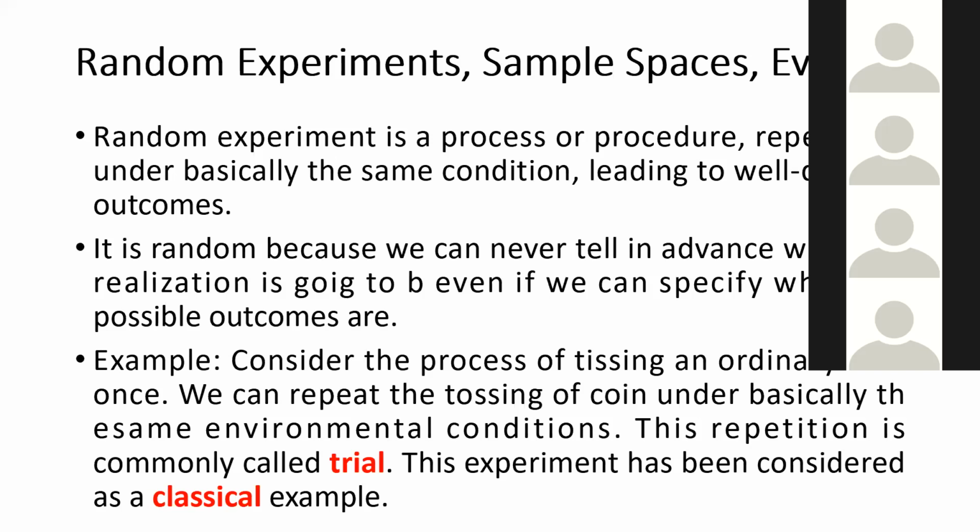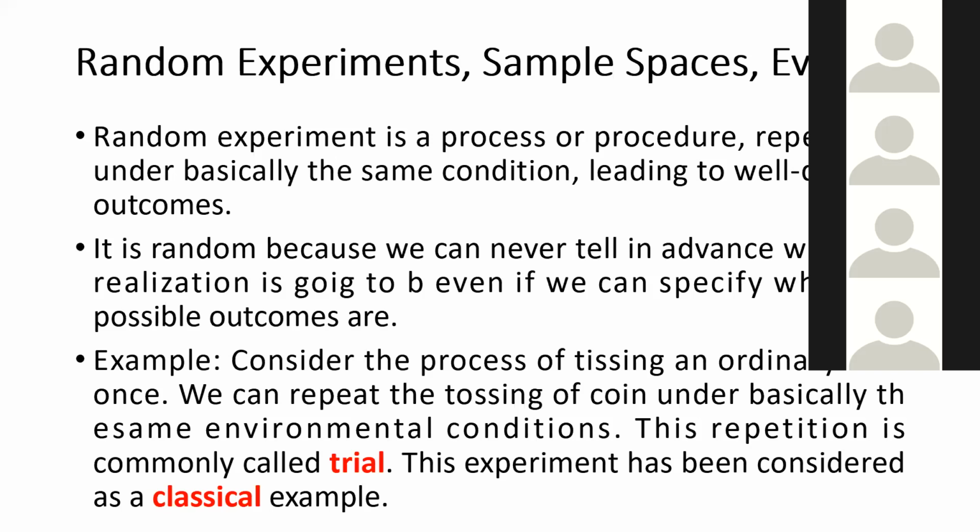Example, consider the process of tossing an ordinary coin. Once we can repeat the tossing of coin under basically the same environmental condition, this repetition is commonly called trial. This experiment has been considered as a classical example.